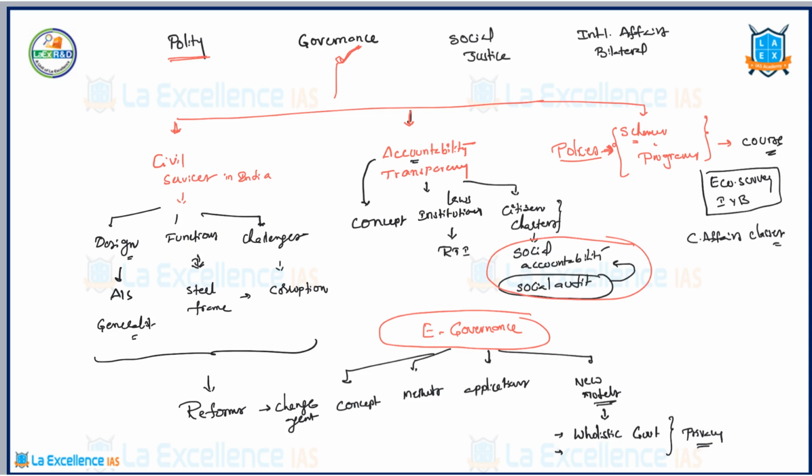Are we clear? Now, let us go to another aspect which is closely related to governance, that is social justice and development. Many people place development under administration, but I'm keeping it under the social justice topic because it is closely related to empowerment of the people. Today, development is more related to empowerment, so in this context I'm keeping it as part of justice.